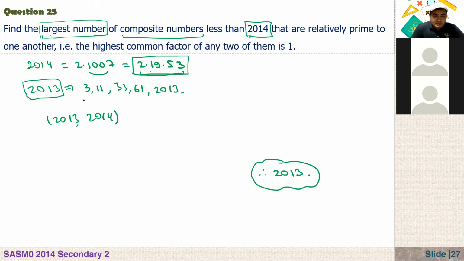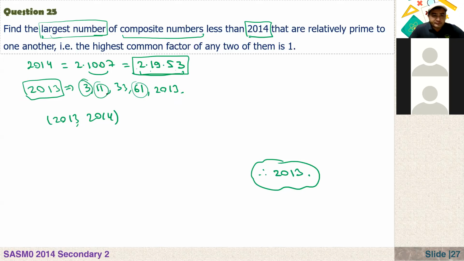I just checked this. Does it have any factor like 2, 19, or 53? No. The factors of 2013 are 3, 11, and 61. That means 2, 19, and 53 are not factors of 2013.